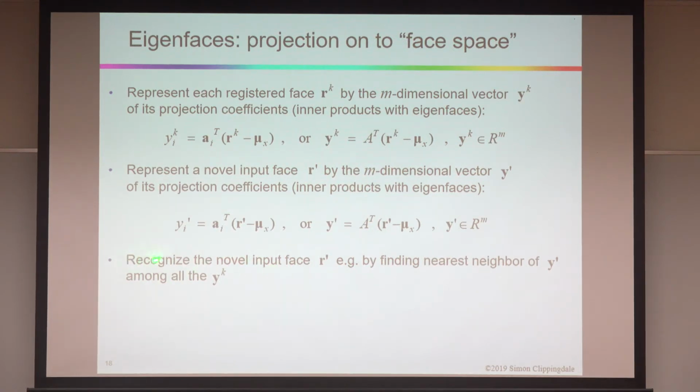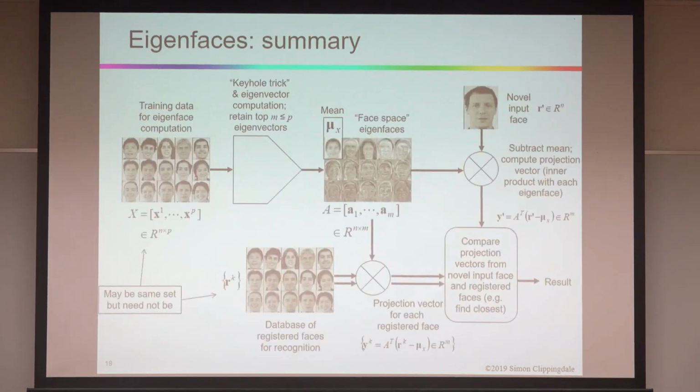And then you recognize your novel input face R dash by finding the nearest neighbor, for example, of y dash among all the yks, which are your principal component vectors for each of your registered faces. So in pictures, it looks like this. Here's a training set for you to build your face space out of, calculate the correlation matrix, find its eigenvectors.